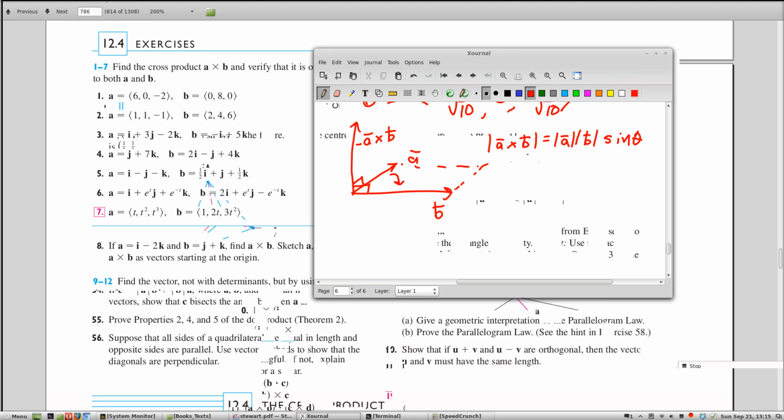Physicists probably define the cross product as the vector with this magnitude that has direction determined by the right-hand rule. And so that would be another way to define everything. And so that's all you need to know, except how to compute this stupid thing.